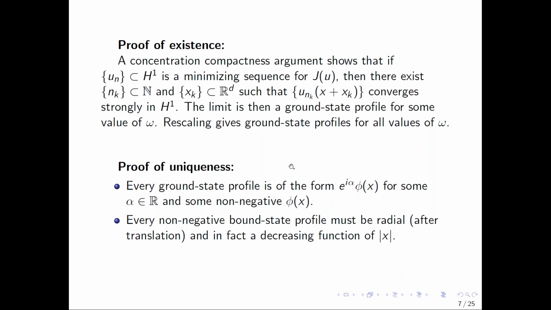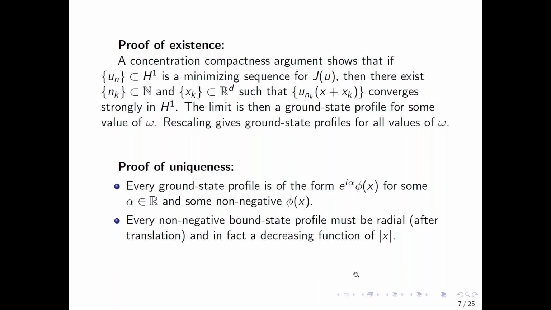Uniqueness was proved by Kwong later, and the hard part is on the next slide, but the first steps in the proof of uniqueness would be, first, you can do a little argument to show that every ground state profile is going to be non-negative up to multiplication by some complex number of absolute value 1. That's not so hard. So essentially ground state profiles are non-negative up to symmetry.